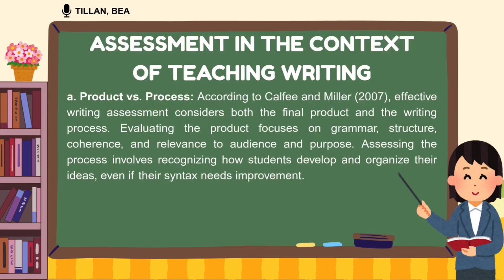Now let's talk about assessment in the context of teaching writing. First, there are two ways to look at writing: as a product and as a process. When we assess the product, we're looking at the final output, how well the student writes in terms of grammar, structure, coherence, and relevance.